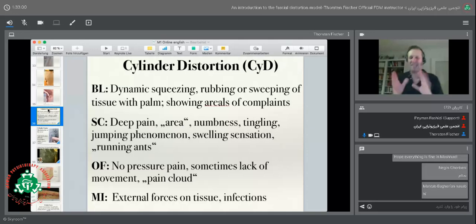Sometimes I see some lack of motion, and a lot of times I have patients where we don't know why they have it. I see it sometimes after an orthesis, after bandages, after infections. Also in Germany, we have big problems with resistant bacteria in the hospitals because of the privatization, because the cleaning of the hospitals is not so good anymore.